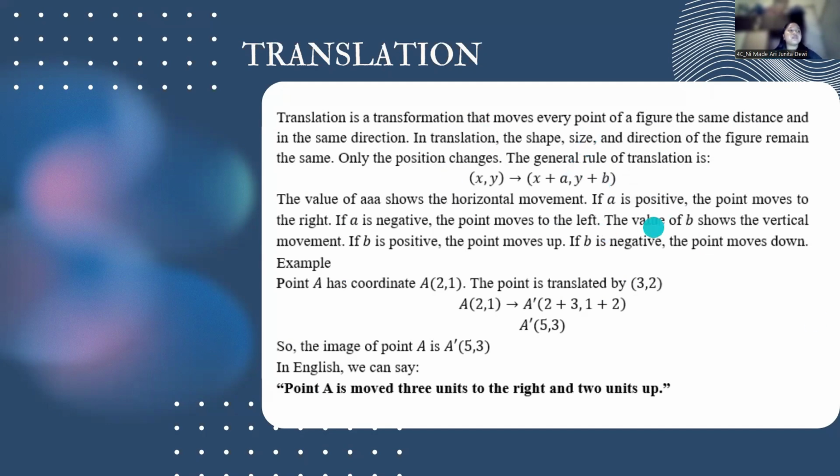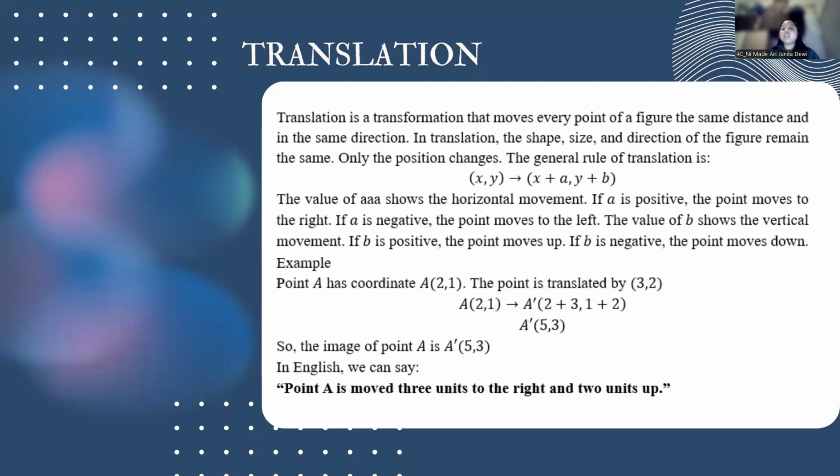Look at this formula. If a is negative, the point moves to the left. If positive, the point moves to the right. And the value of b shows the vertical movement. If b is positive, the point moves up, and if b is negative, the point moves down.